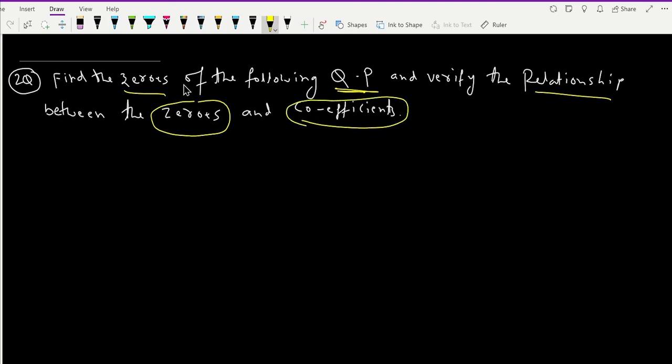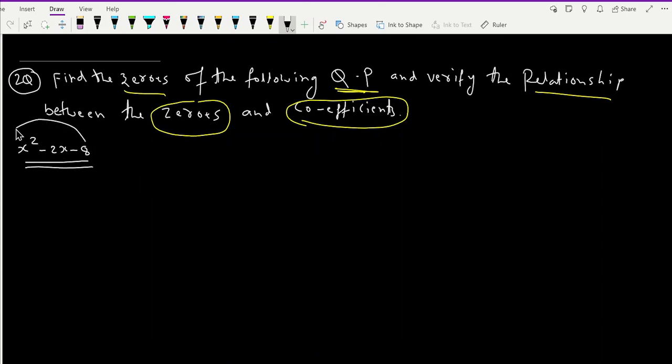So for example, our question is this one, x square minus 2x minus 8. So this is our question. So we have to verify. Now let us see how to solve this polynomial. First of all, you have to split the middle term.